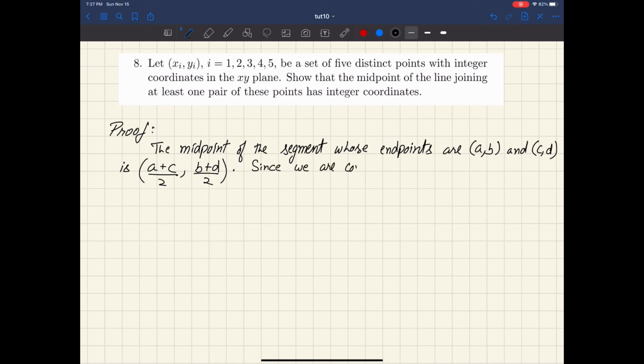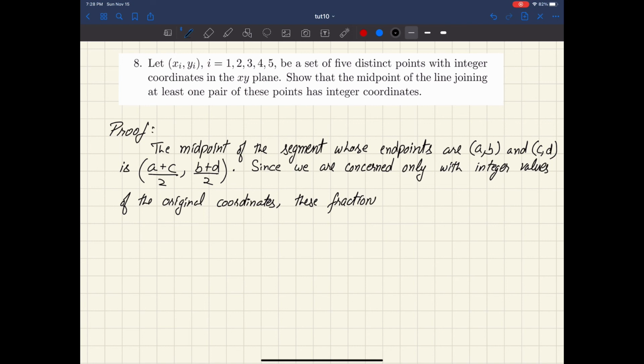Since we are concerned only with integer values of the original coordinates, which are a, b, c, d, the midpoint fractions will be integers if and only if a and c have the same parity, which is either they are both even or they are both odd, and the same goes for b and d as well.